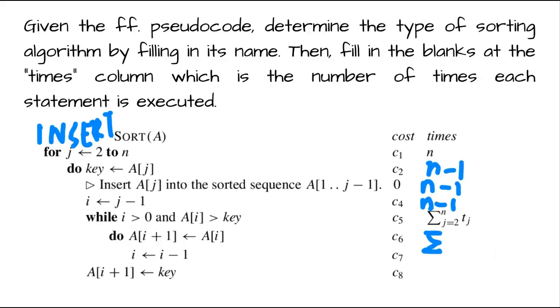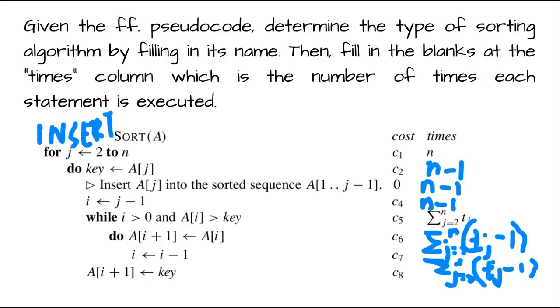And this is just a summation from j equals 2 to n of t sub j. Summation from j equals 2 to n of t sub j minus 1 quantity. And finally the 8 will be n minus 1.